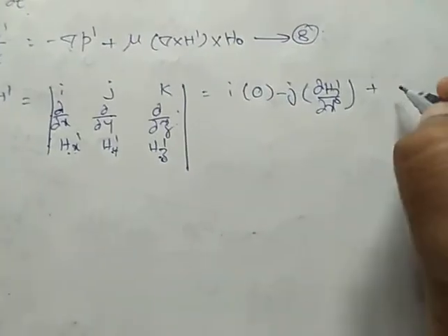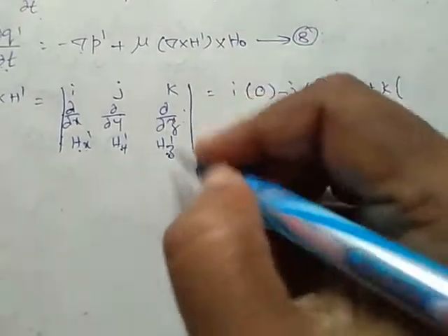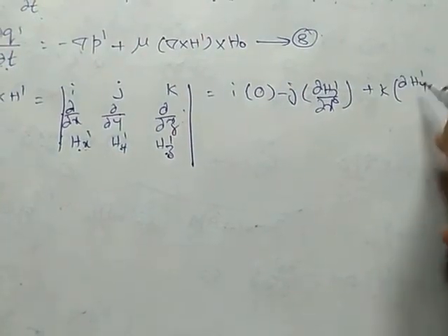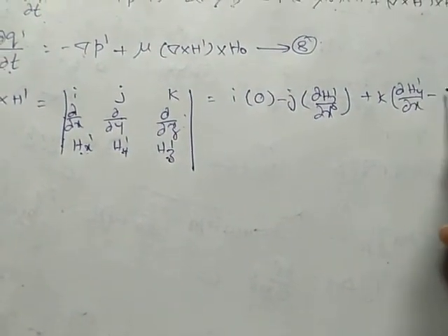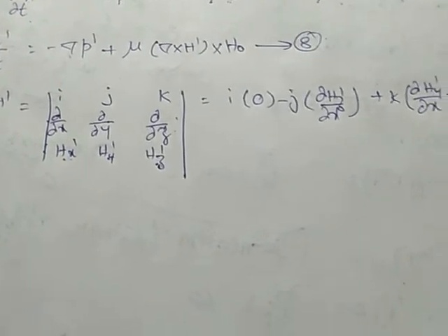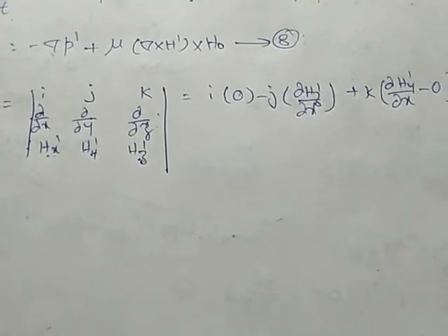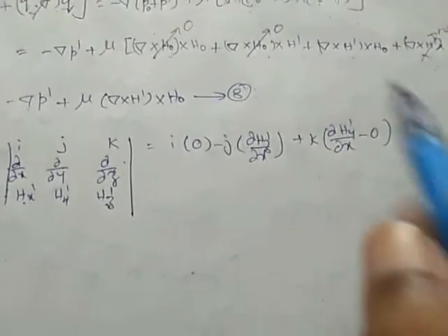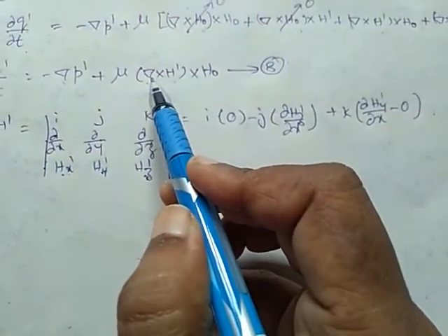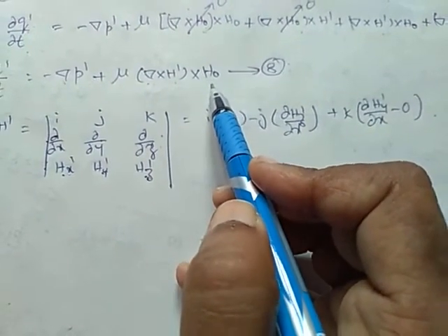Plus k into differentiation of hy with respect to x minus 0. So we are having the j term and k term now. Now we got the value of del cross h dash. Now we have to find del cross h dash cross h naught.